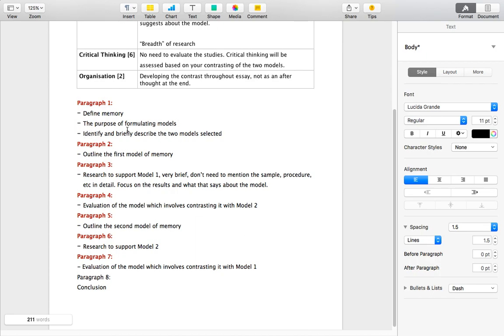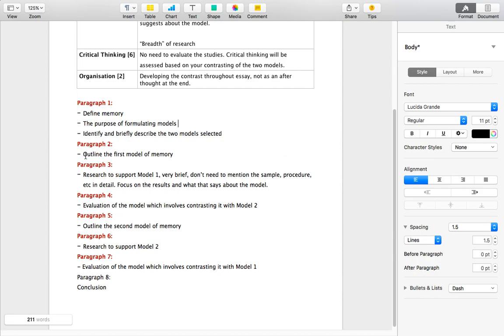So then you will identify the two models that you're referring to for this essay and that you will be contrasting, and you will describe the two models in a brief line. Okay, so for example, the multi-store model is one that tries to understand the structure of memory. Okay, so that is a brief line, and you can then say this essay will focus on contrasting the two.